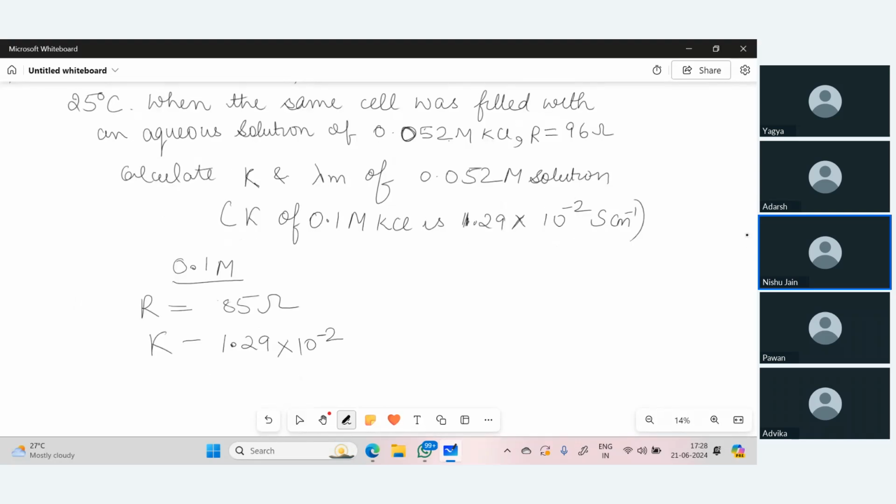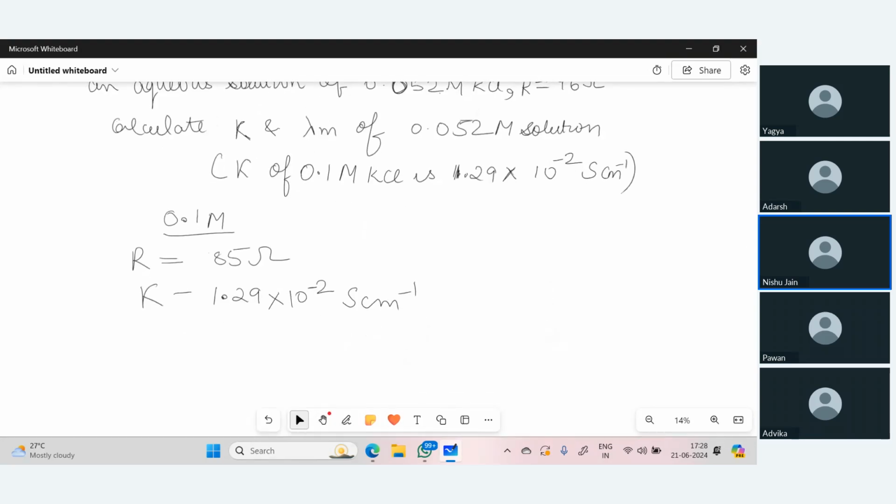Cell constant value is common. So what is our relation between kappa and G star? Which formula do we have to use? Kappa into R is G star. So what is kappa? 1.29 into 10 raised to power minus 2. R is 85.